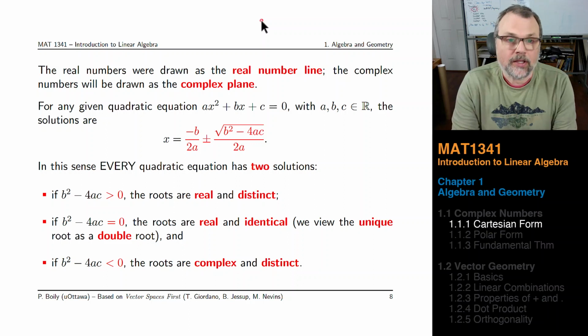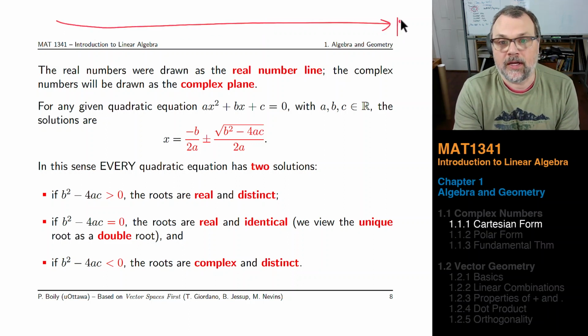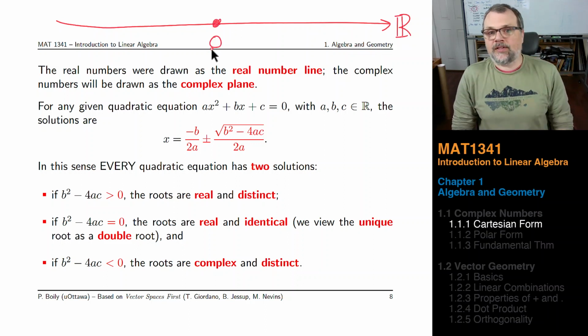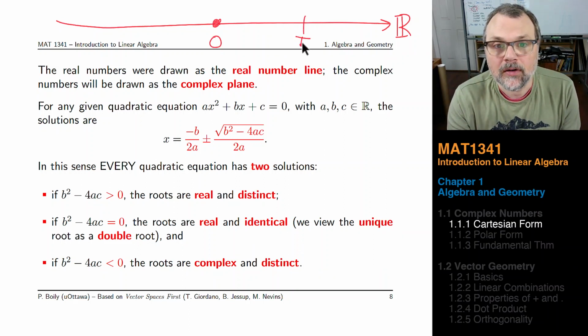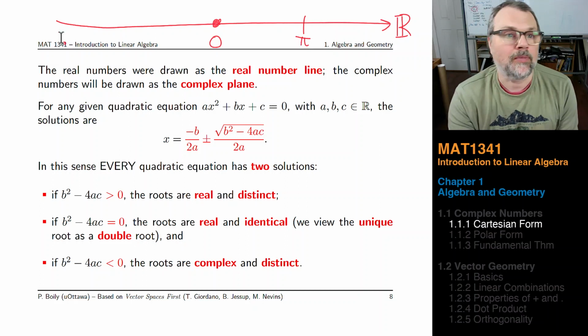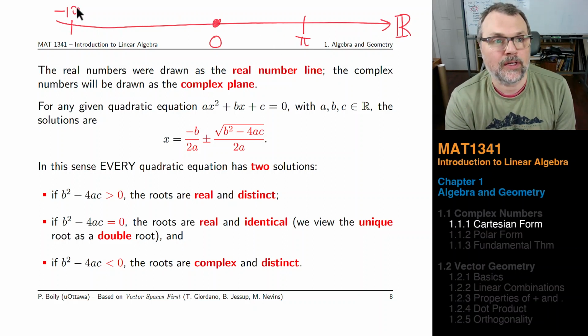Typically, we draw real numbers on the real line. Let's assume this is a line, it's not very straight, let's say it's a line. Horizontal line, 0 is here somewhere, and then for instance pi might be here, to the right of 0. And minus 10 might be here somewhere, a little further than pi. Well, it's not up to scale here, right? But that's sort of the idea.